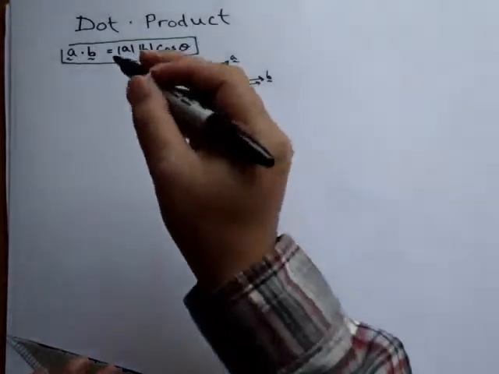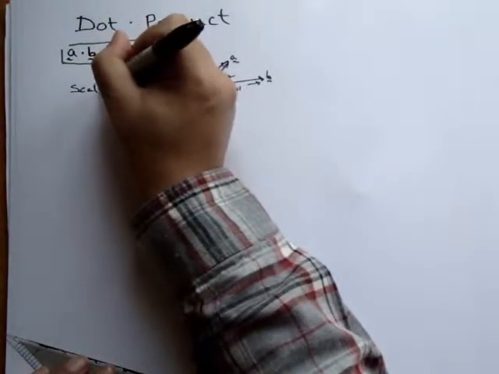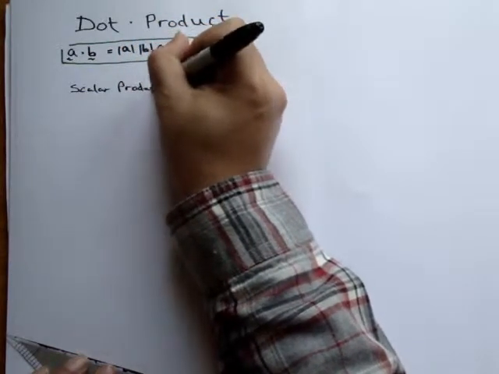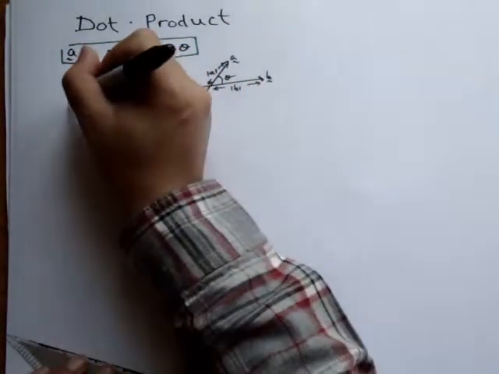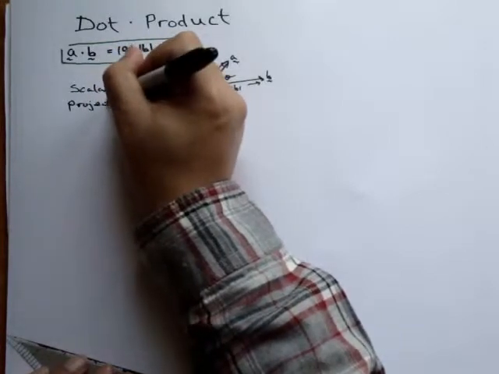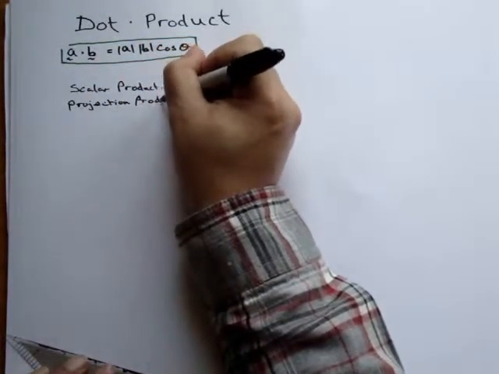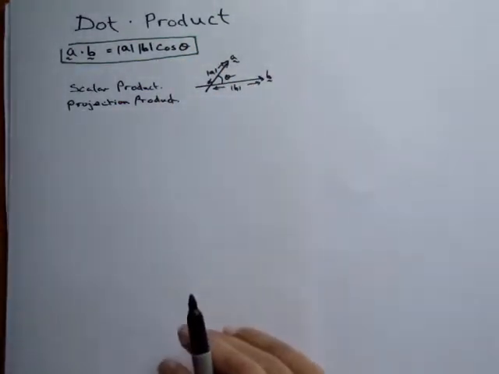Now the dot product is also called the scalar product because it has no direction, and also sometimes called the projection product. We discussed why it was called the scalar product before.